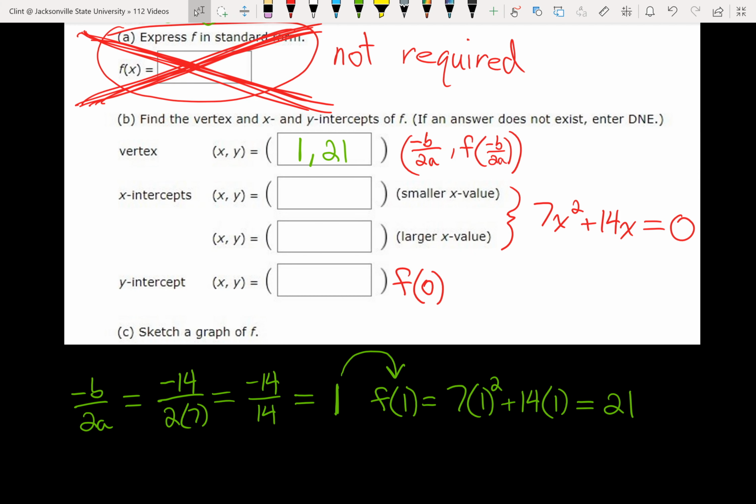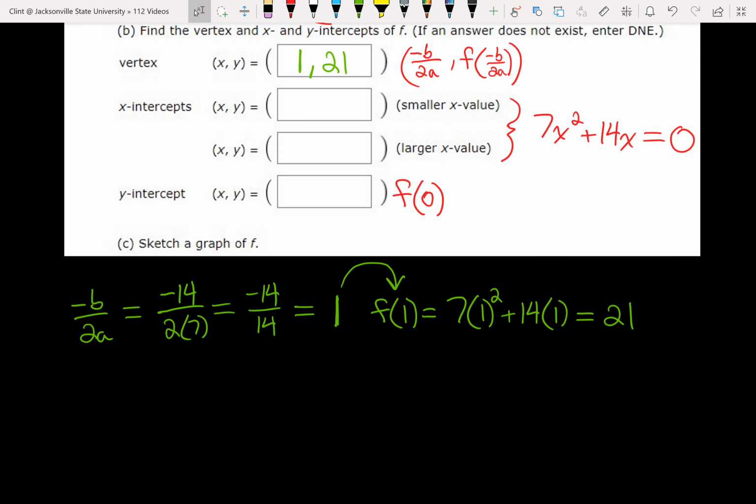Now to get our x-intercepts, we take our function, 7x squared plus 14x, set it equal to 0, and solve. If you really want to on this one, you can do the quadratic formula, but remember the other ways we have to solve quadratic equations.